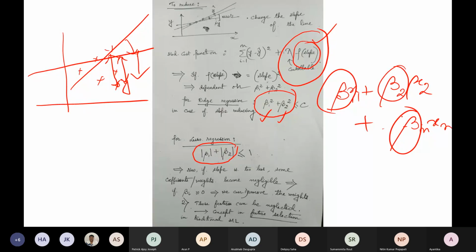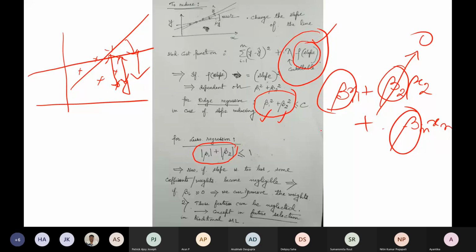Your slope is totally degrading. It may happen that some of these weights, if some beta values are very huge, shrink to some particular value, or some beta values which were already very small, negligible values but not zero at that time, now, due to this shrinking procedure, turn to zero.